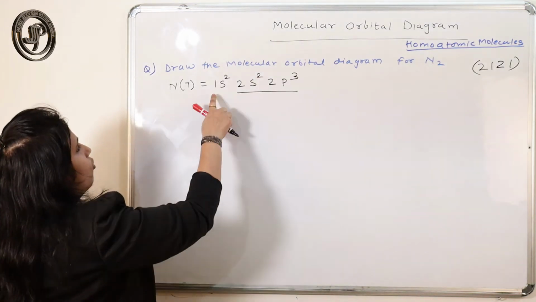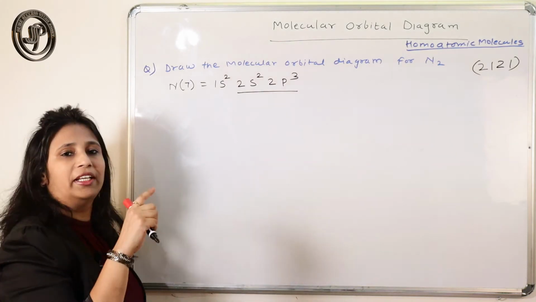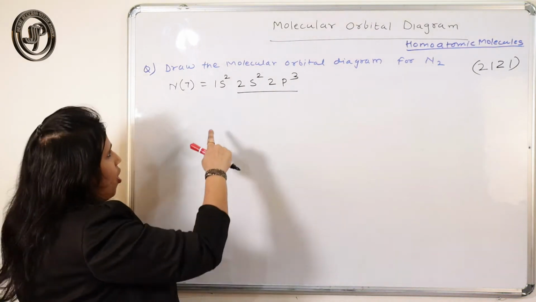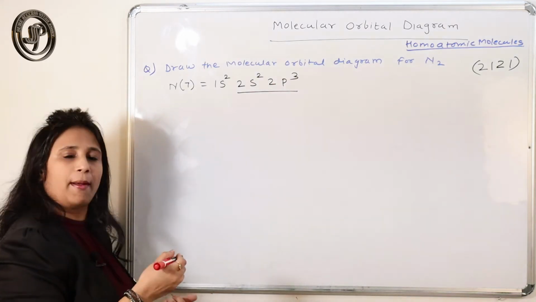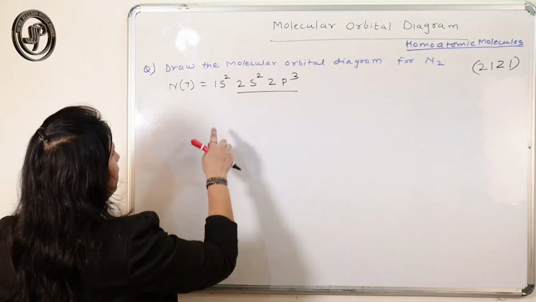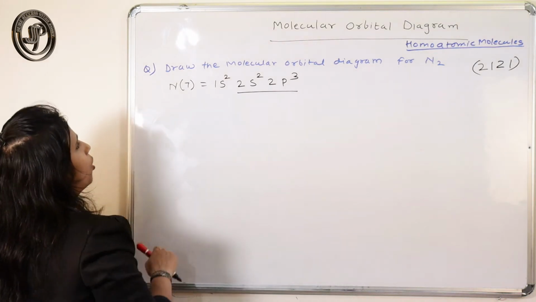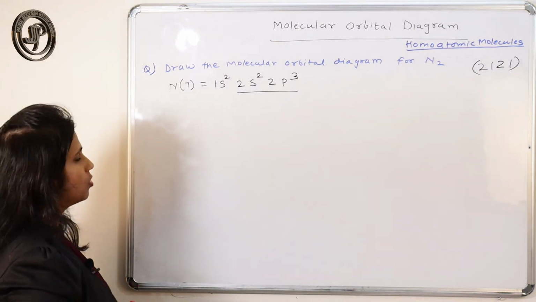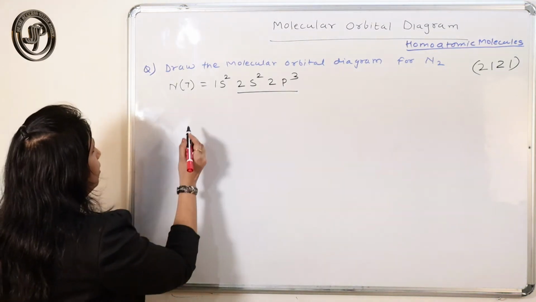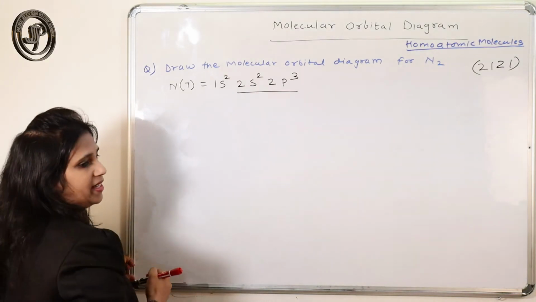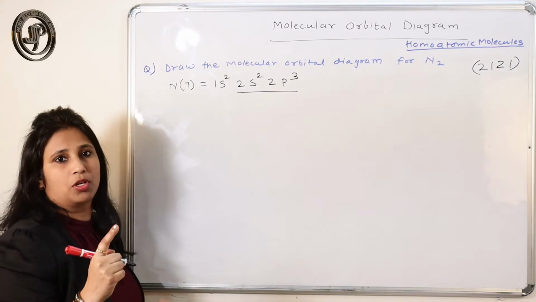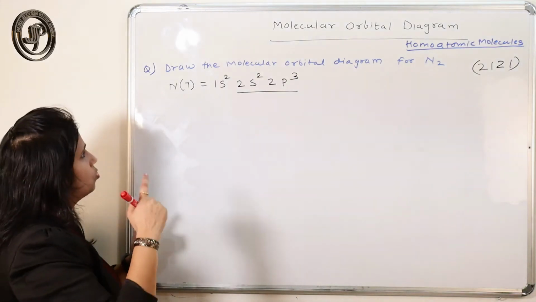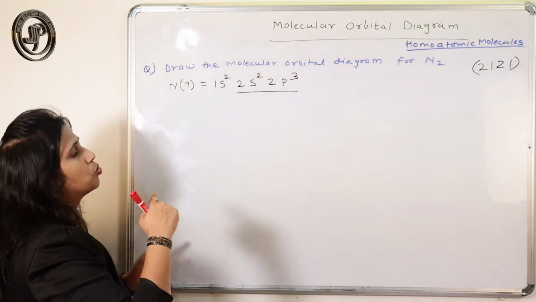So in the exam, for the filled inner electrons you can use KK, or KK star; one signifies bonding and the other signifies anti-bonding. But right now I will tell you how to draw the energy diagram for 1s also. You have two 1s, because I have shown the configuration for one nitrogen, but you have two nitrogens, so you have two 1s, two 2s, two 2p.